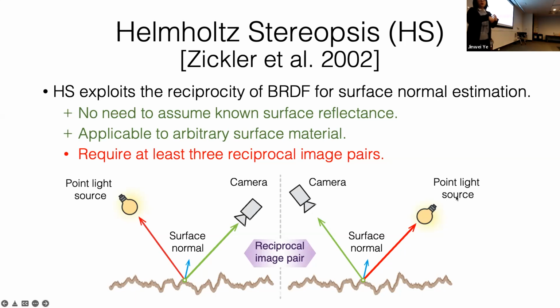With this, we can estimate the surface normal, depth, and so on. But in order for the original method to work, it needs at least 3 reciprocal pairs, and that is the downside. But the good thing is it doesn't need to assume the surface reflectance, because that property holds for arbitrary surfaces, so it can be applied to arbitrary surface materials.